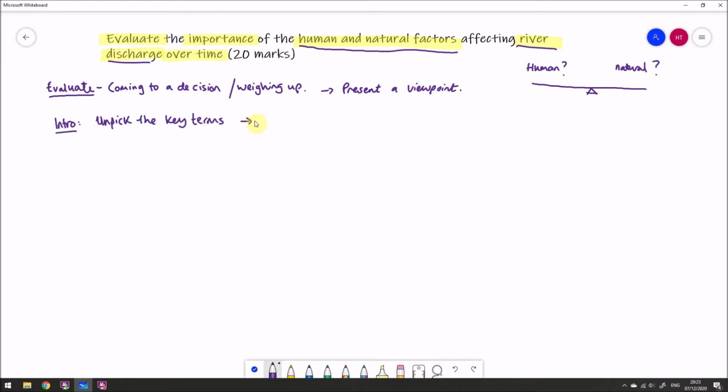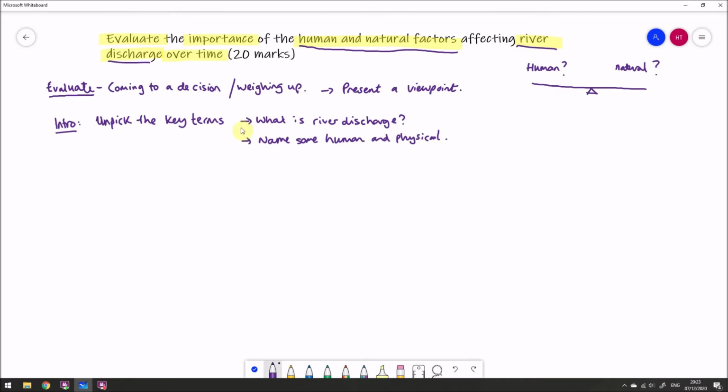So in this case, what is river discharge? How do we measure it? What does it show us? Okay, and very briefly name some human or physical factors that can affect river discharge. We don't need to go into explaining them yet.